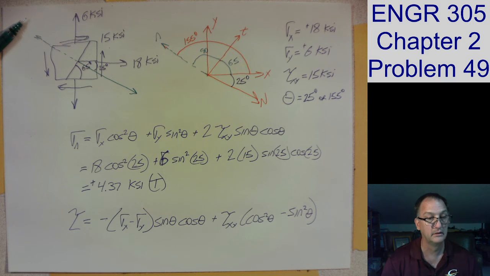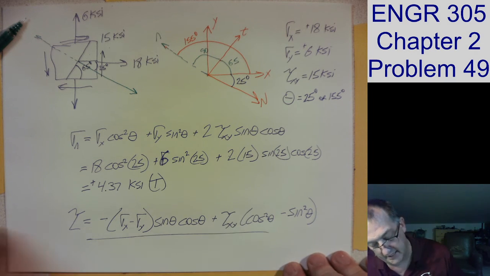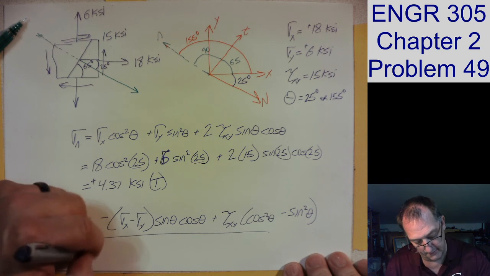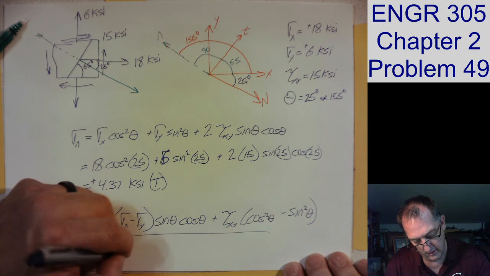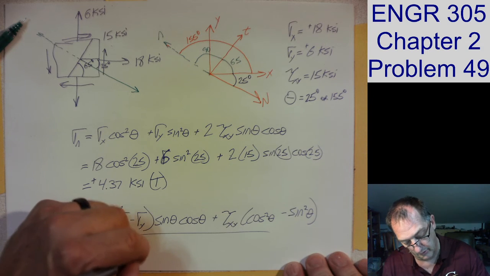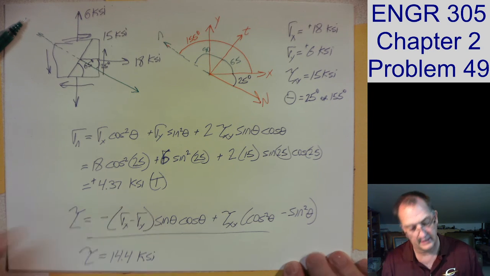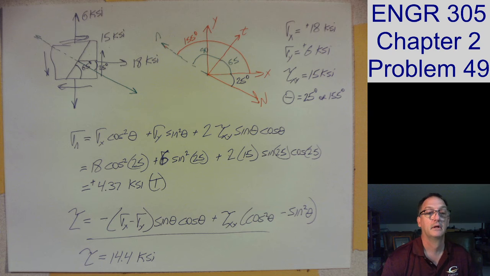I can substitute into that, and when I substitute in, I'm going to get that my shear is equal to 14.4 KSI. All right? There's one more done.